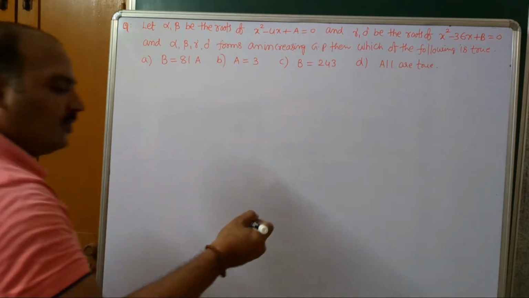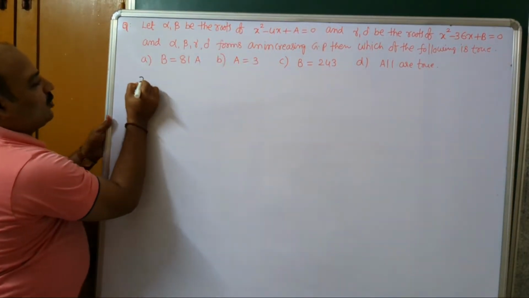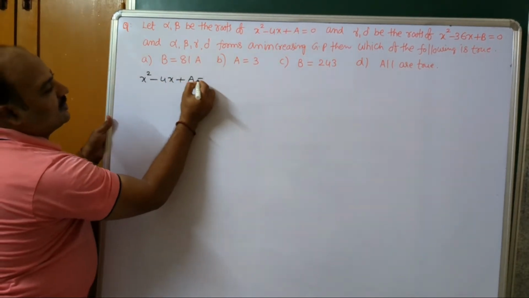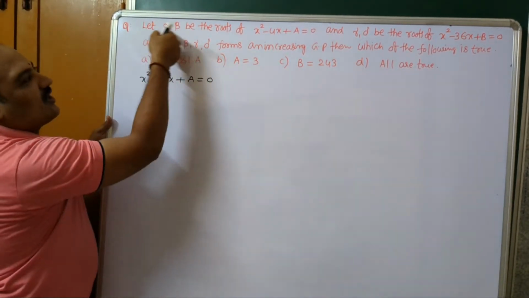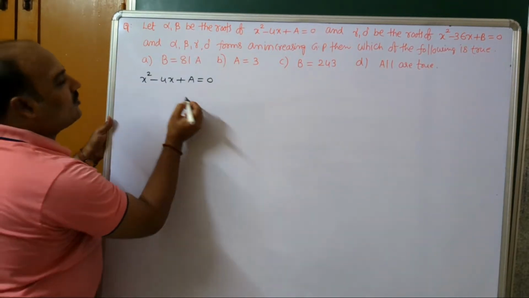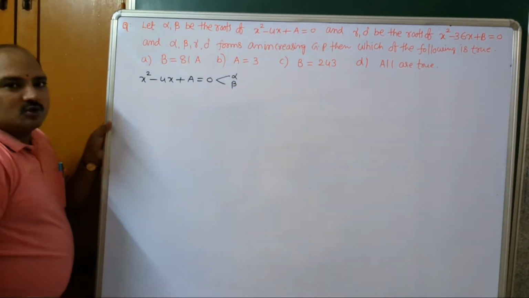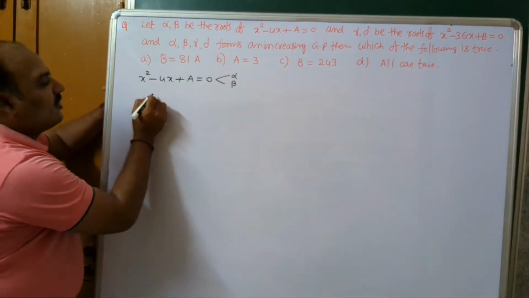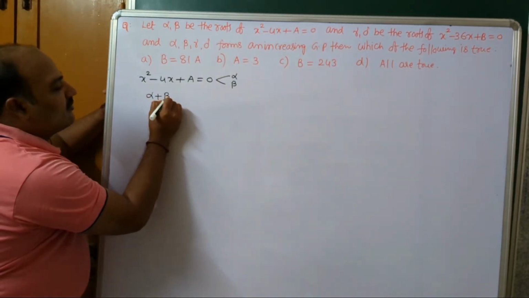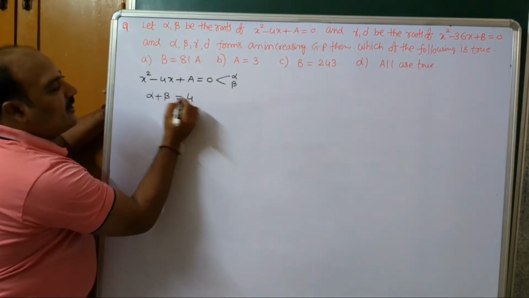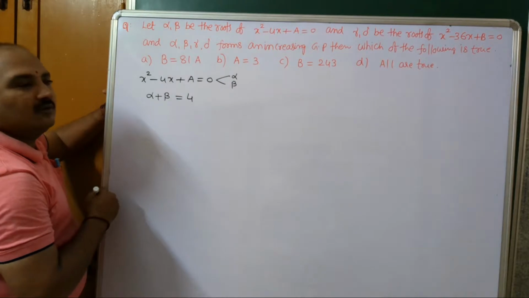Okay. So the first quadratic equation, x square minus 4x plus a equal to 0. For this equation, what are the roots? Alpha and beta only, no? So for this, alpha, beta are the roots. According to this, alpha plus beta, the sum of the roots, is equal to minus b by a, so minus of minus 4 by 1.